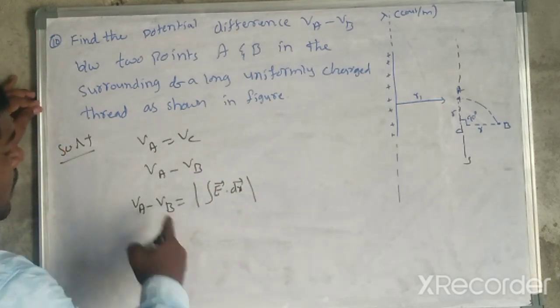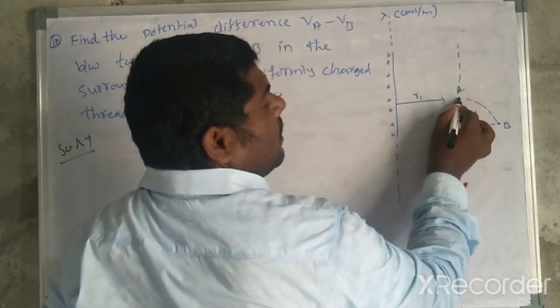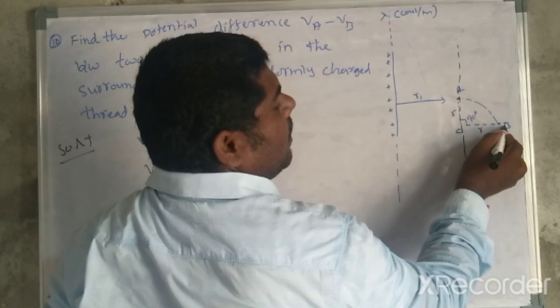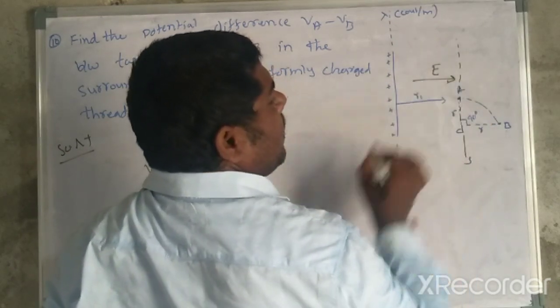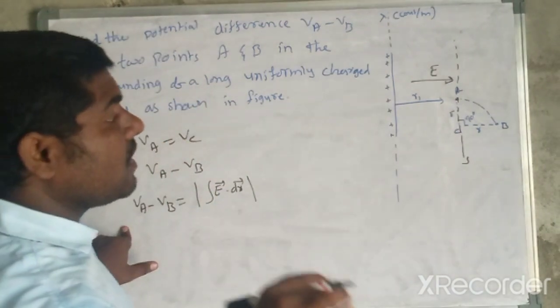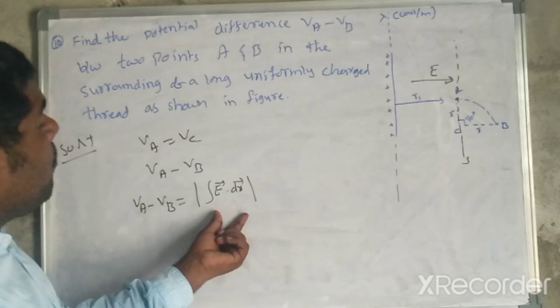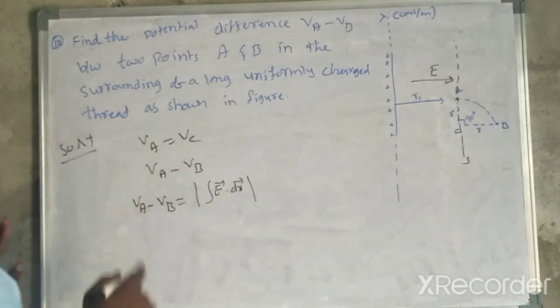Going from A to B is in the direction of the electric field. This is the electric field direction. In the direction of the electric field, electric potential decreases. That's why VA minus VB must be positive. That's why I put the magnitude.